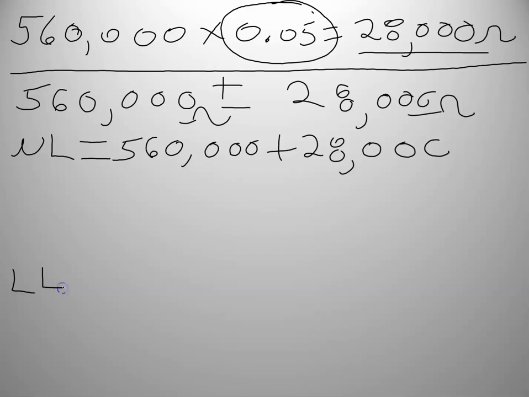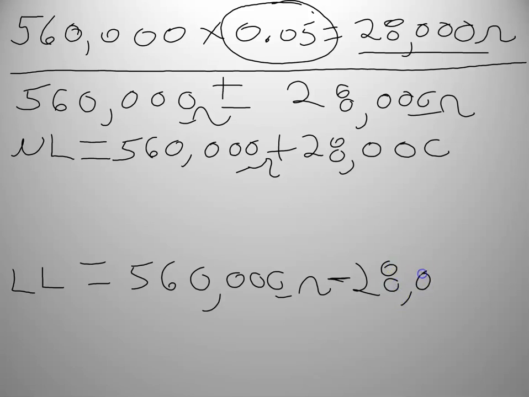And my lower limit equals 560,000 ohms minus 28,000 ohms. And that's going to be my lower limit. So let's see what it is. All I do is subtract 28,000 from 560,000 for my lower limit, and for my upper limit, I add 28,000 ohms. All right, so let's do that.